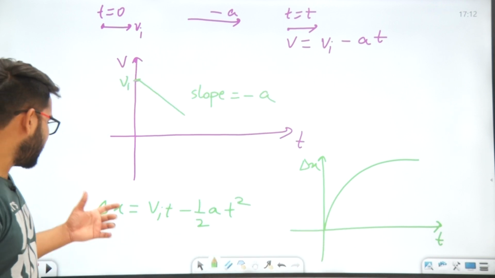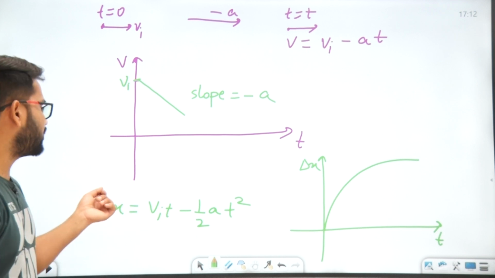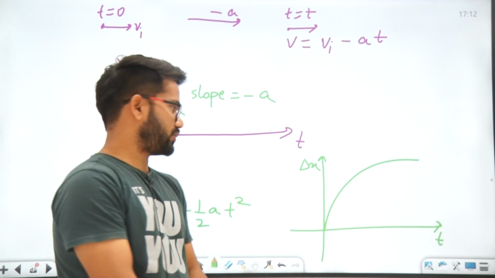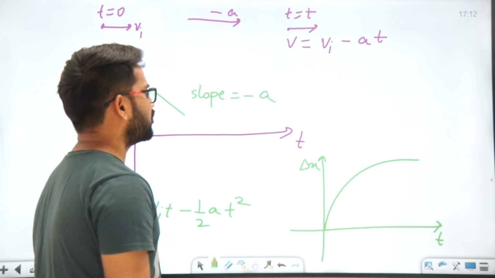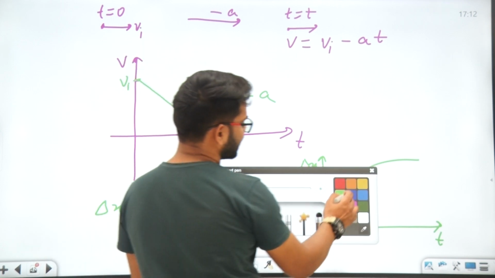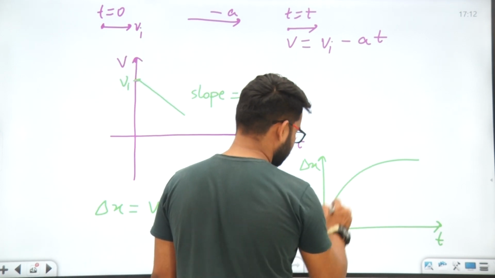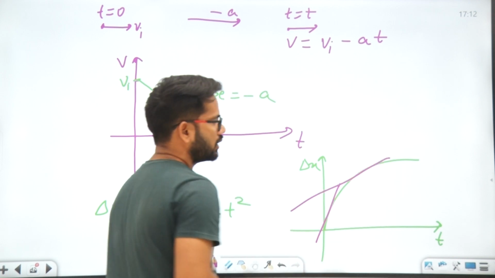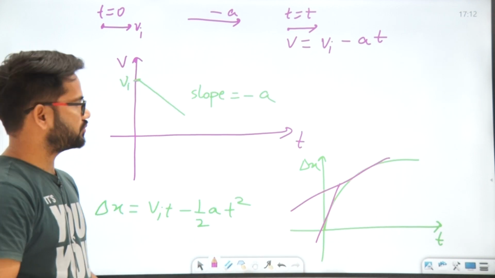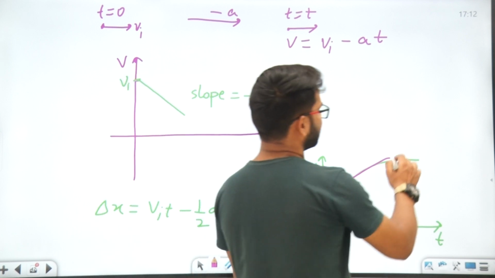We can consider at t equals 0 its displacement is 0, right? It's moving with some velocity, and with time its velocity is decreasing, its speed is decreasing. Look, the slope will give us speed here.